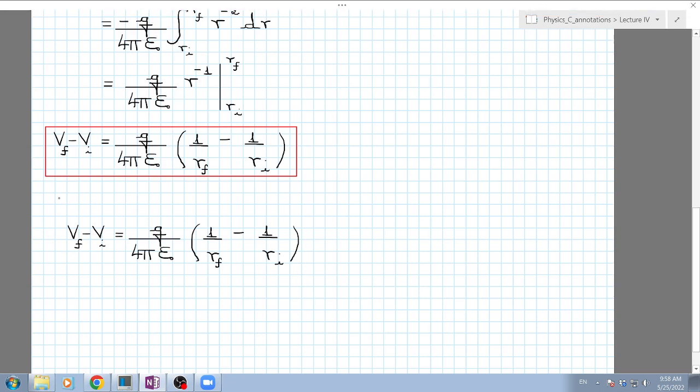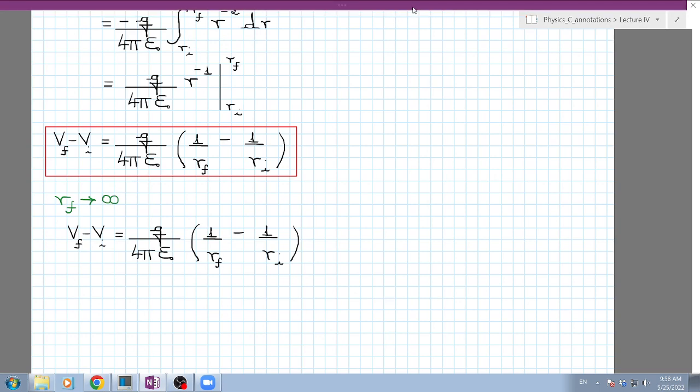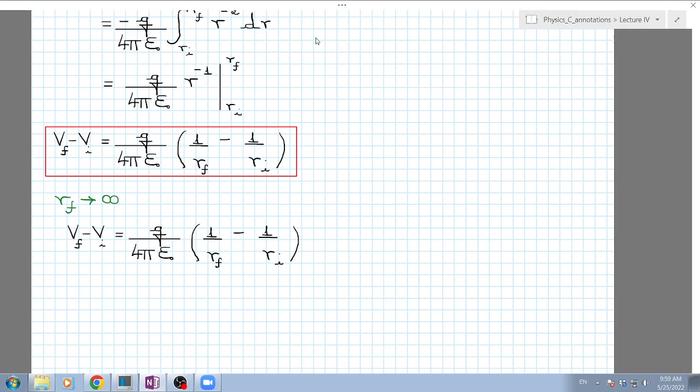Just to remind you guys, I'm analyzing here a point very far away. So the first thing is that the potential at infinity is going to be zero. It's far away, and I'm considering that we don't have any particles in that place.